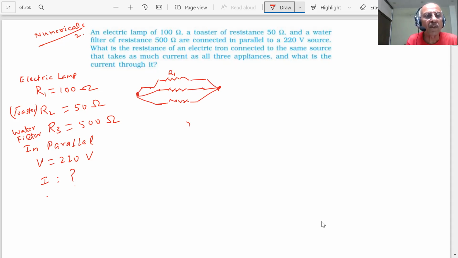R1 is an electric bulb, electric lamp, electric toaster, and water filler. They are connected to a 220 volt supply, plus and minus 220 volt.